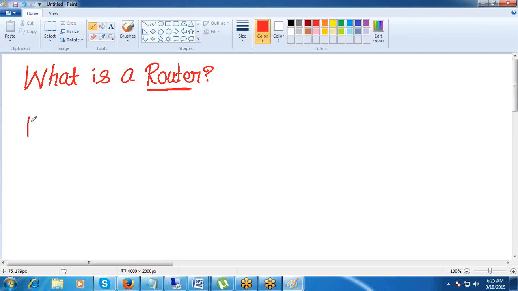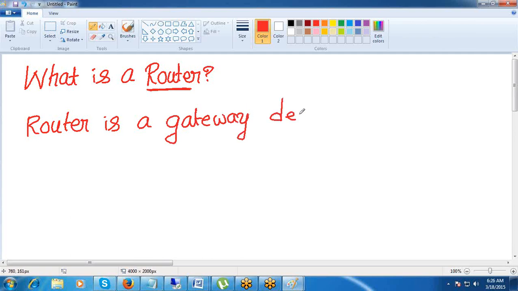So the router you can call a gateway device.